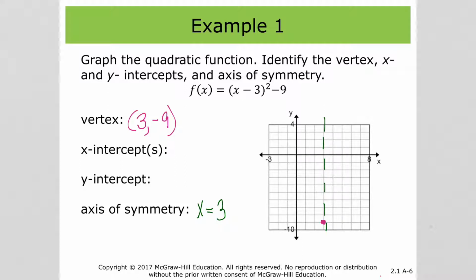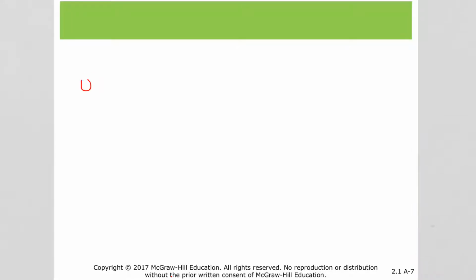Okay, to find x and y intercepts, we're going to do that just like we did with linear functions. So for an x-intercept, we let y be 0. So we've got y, which is 0, equals (x minus 3) squared minus 9. Put parentheses there.